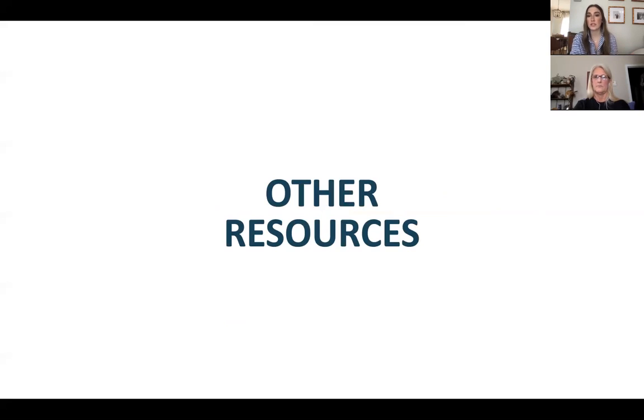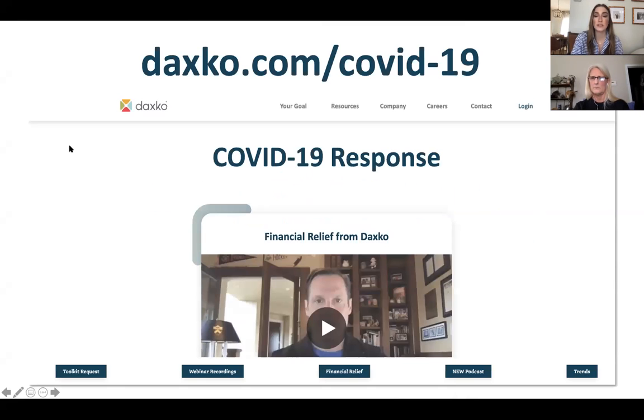We've got some resources. Throughout the crisis with COVID-19, we have put resources and all of the webinars we have done, information about our Rapid Recovery Toolkit, which are free trials of our solutions.